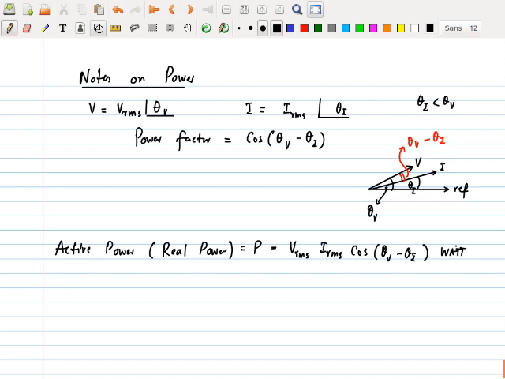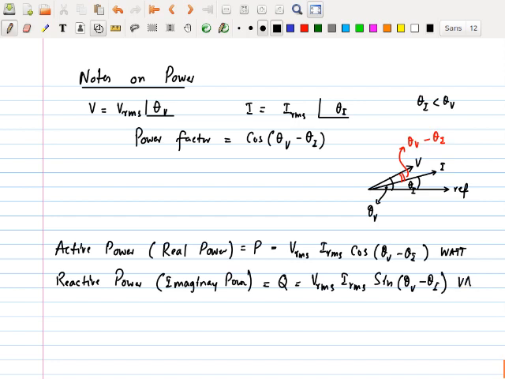In the same way, you have what is known as reactive power, which is called imaginary power. It's also known as capital Q, which is Vrms into capital Irms. Rather than cosine, we look at how much of it is at 90 degrees. It is going to be sine of theta V minus theta I, and this is known as volt ampere reactive.